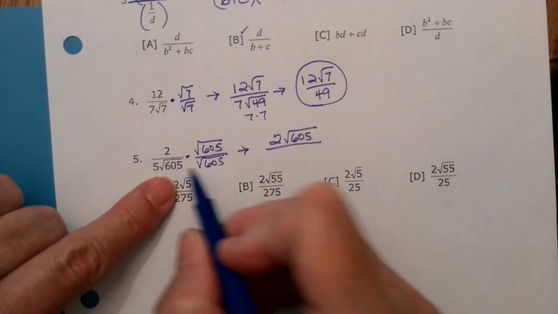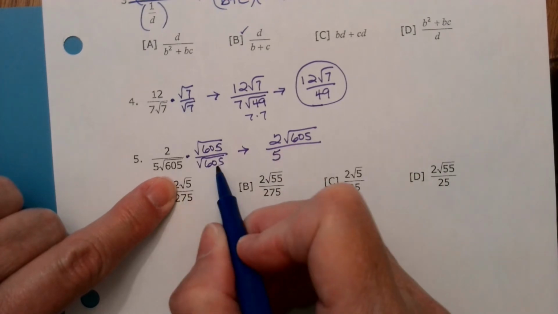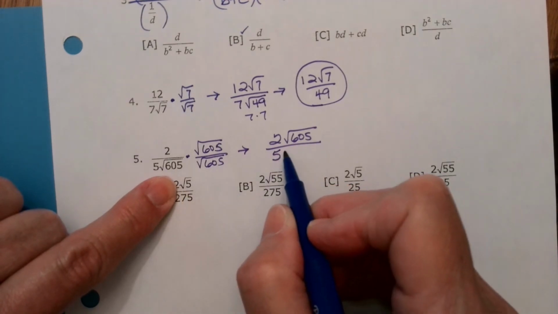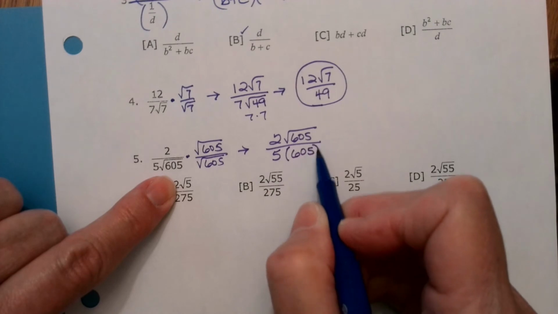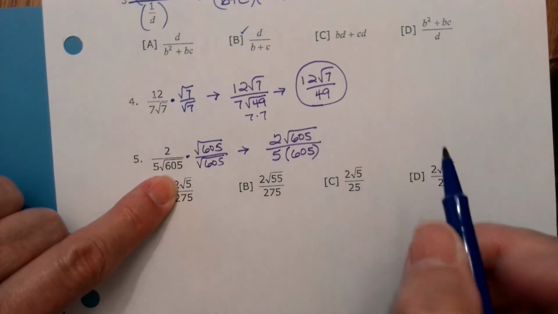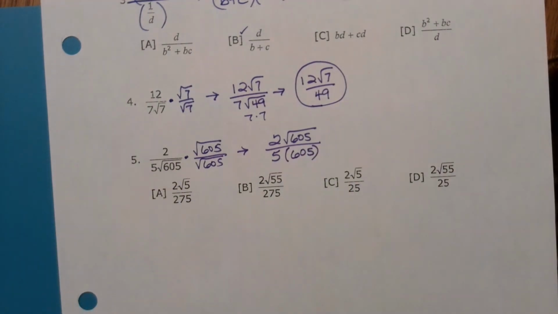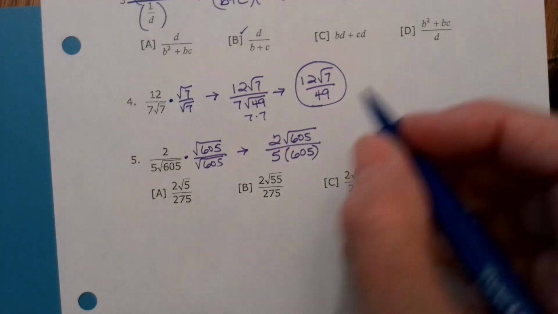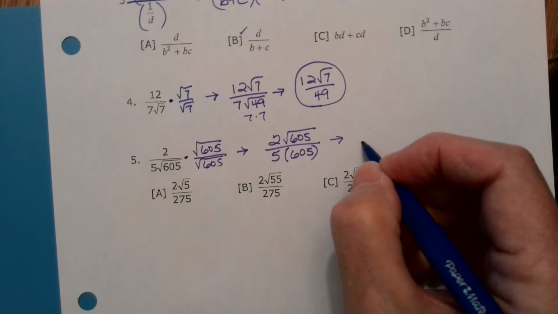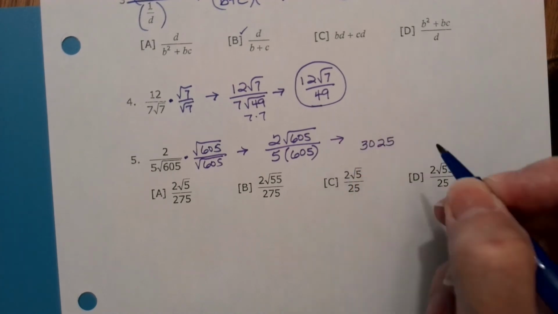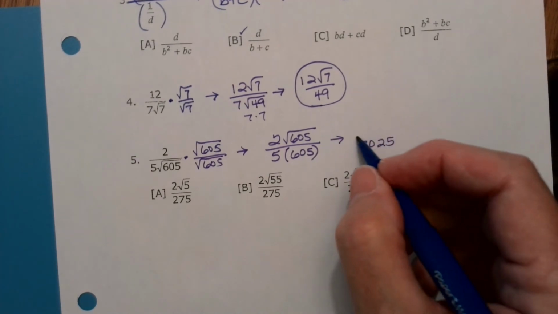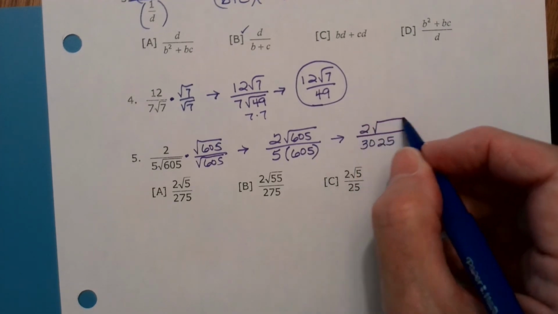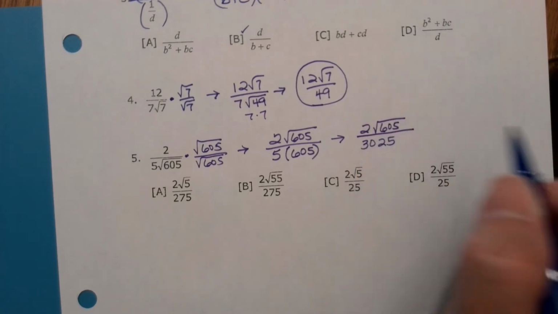So when I multiply these two together and then take the square root, it's just going to be 605, but no square root. Okay, so then we need to multiply 605 times 5, and we're going to get 3,025 in the bottom. And we've got 2 times the square root of 605.